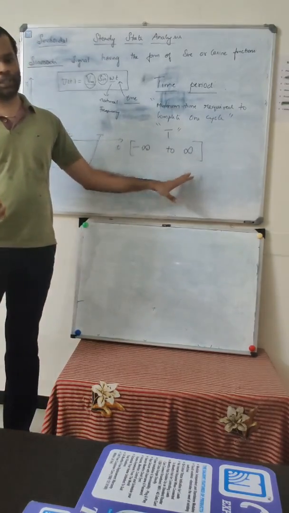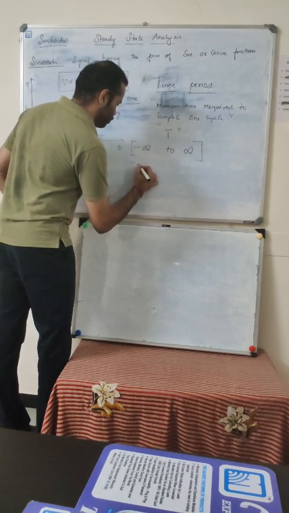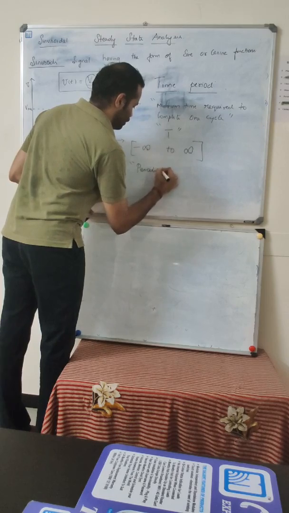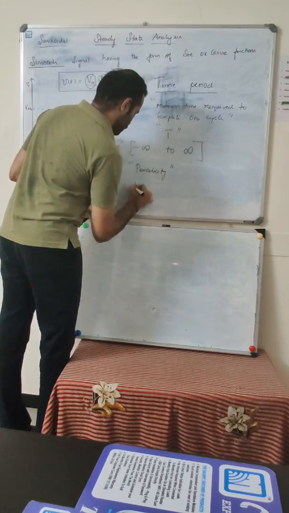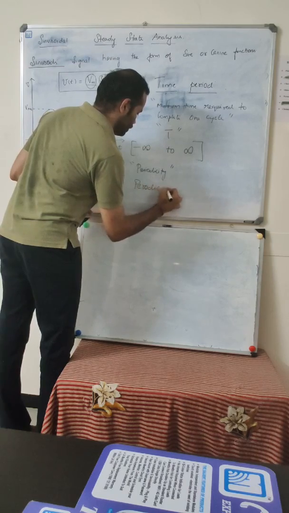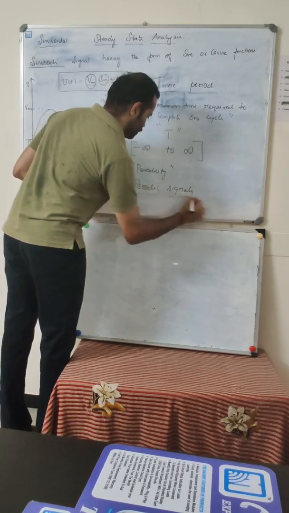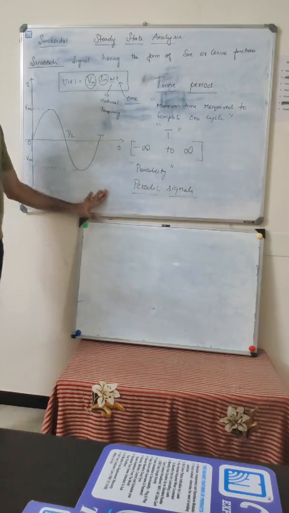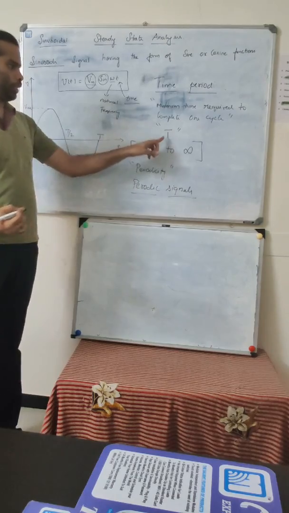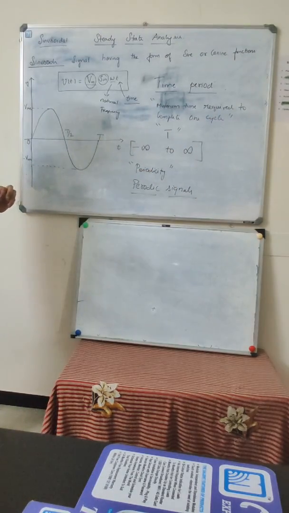This particular thing defines your periodicity. That's why we speak of periodic signals: signals which are repeated after some time period, denoted by T.